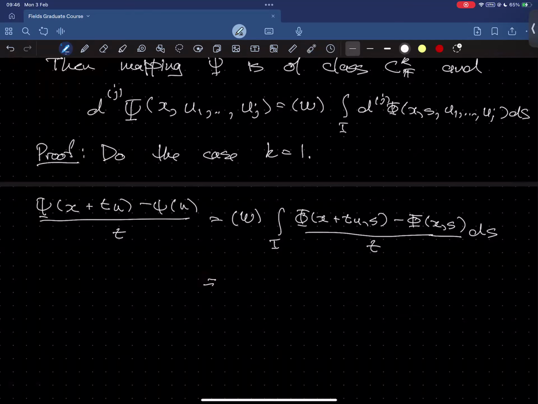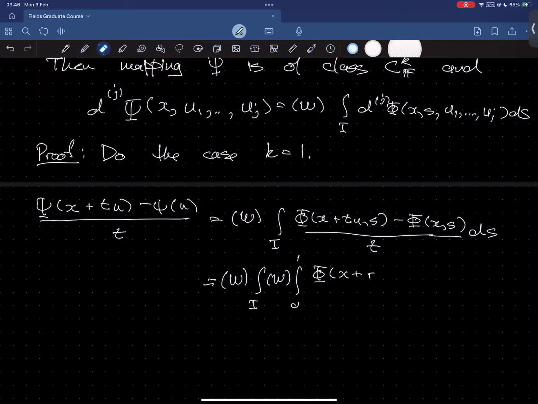All right. So now we're going to use the mean value theorem. So we're going to have two weak integrals. Integral from 0 to 1, so it's phi of x plus r. So r is going to be the integration variable.